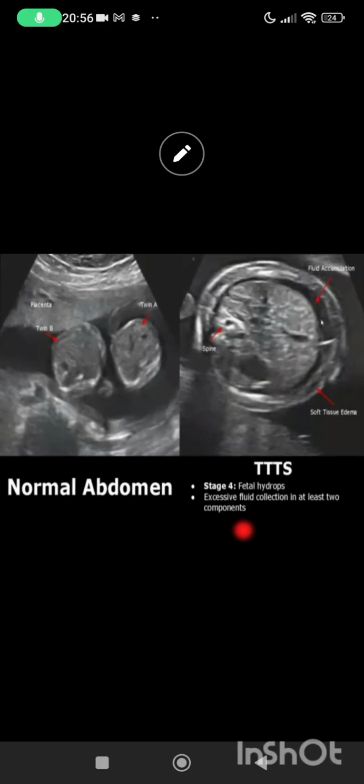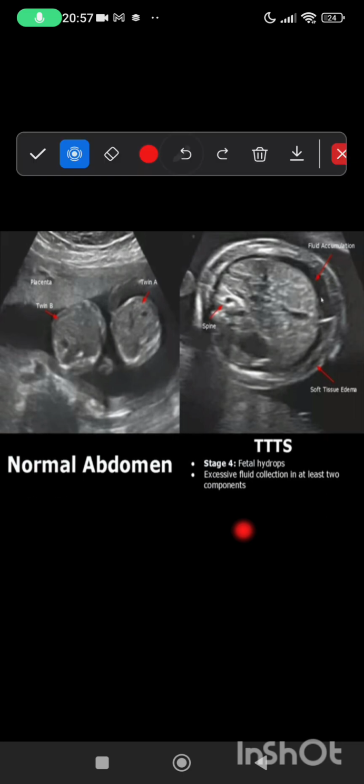So what happens now in stage 4? There is hydrops. Is it hydrops with the donor or the recipient? With the recipient.